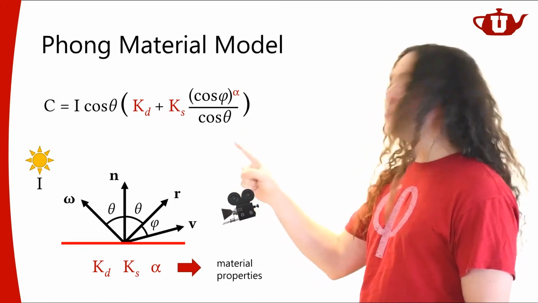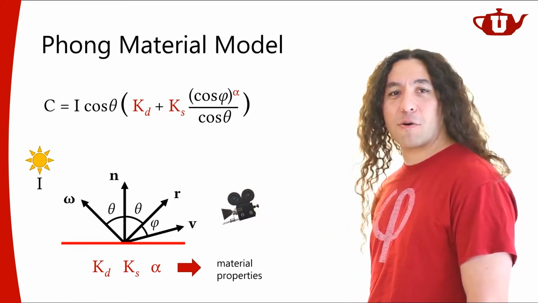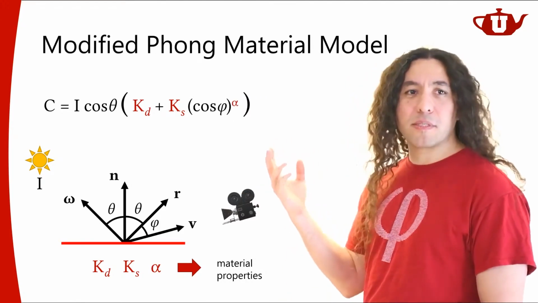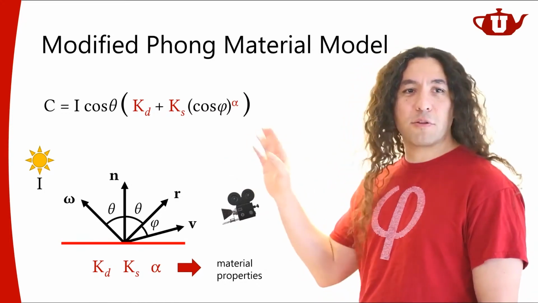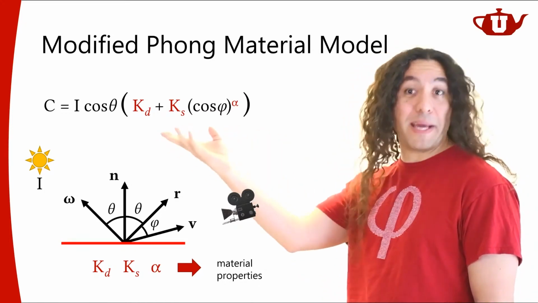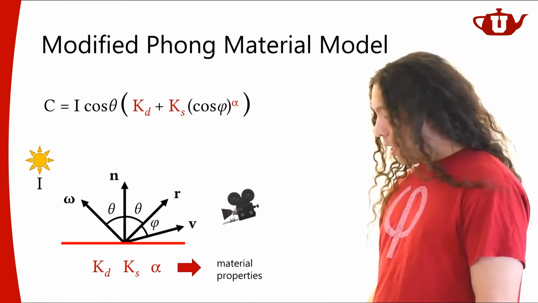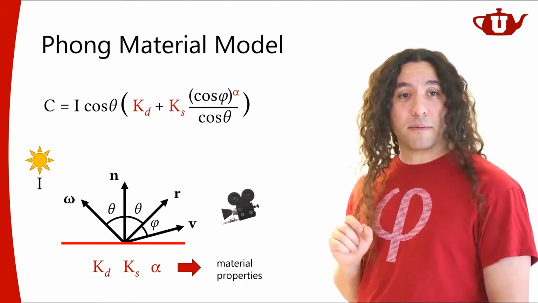That's why we're not doing this. And if you omit this cosine theta, then the Phong model becomes the modified Phong material model. If you don't include that and use this equation that kind of makes sense, you'll get the modified Phong material model. But the Phong material model is going to have this 1 over cosine theta here.